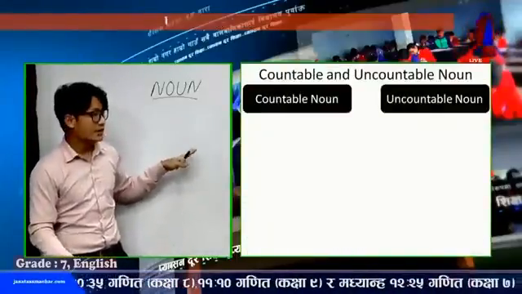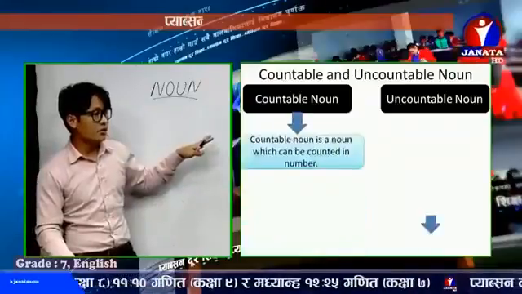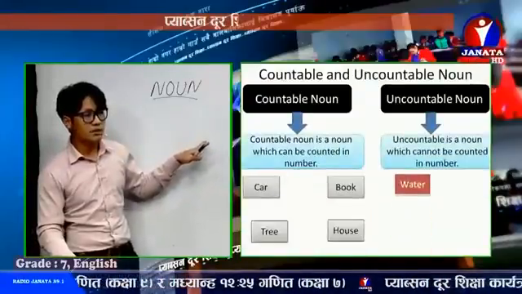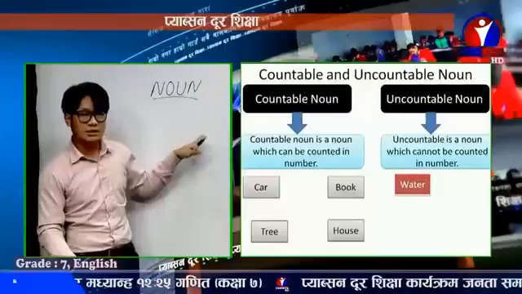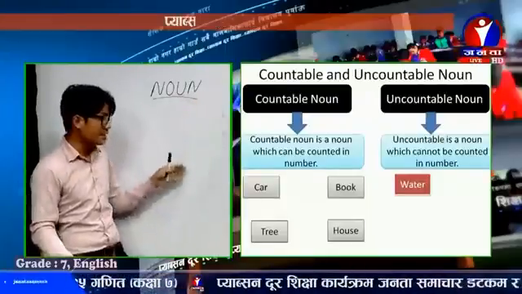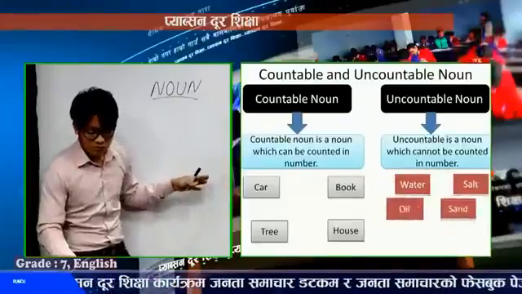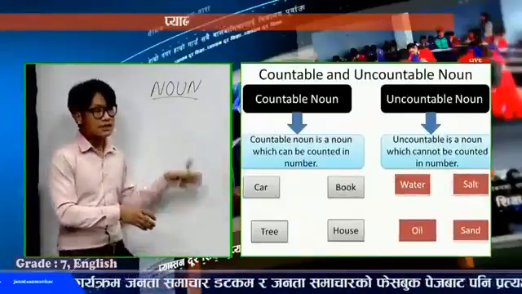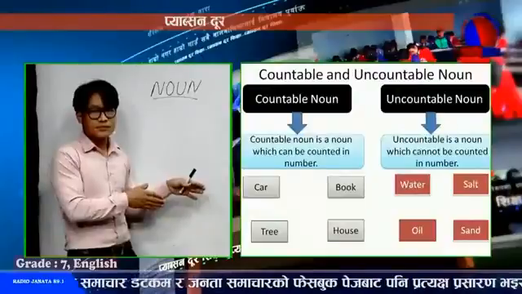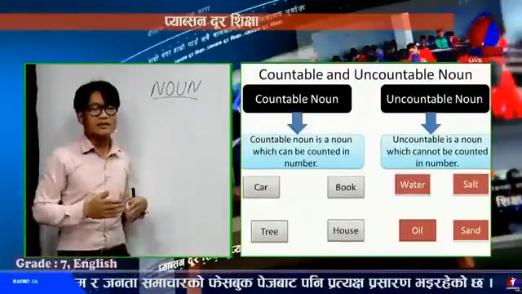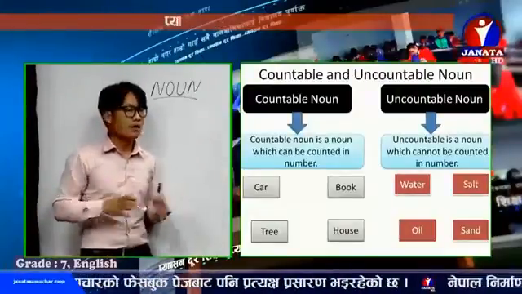And next is countable and uncountable noun. I had given you an example also. The noun which can be counted in number, you can see this side, and on another side you can see the nouns which cannot be counted, and these are uncountable nouns. I'm repeating it so that you can understand very well.